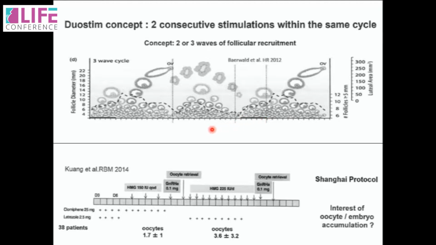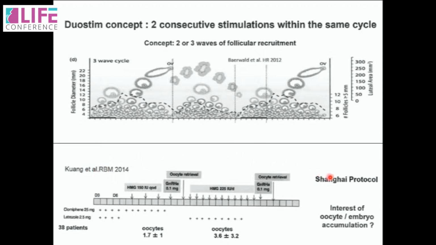And one can see that, taking this to be the dominant follicle ovulating, however, there are 2 or 3 waves of folliculogenesis from which mature oocytes may be obtained. See about 3 waves.